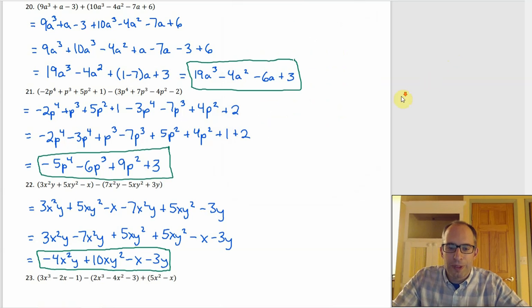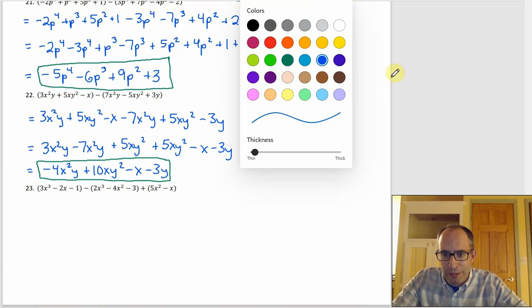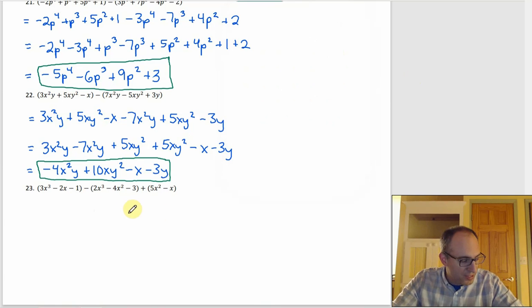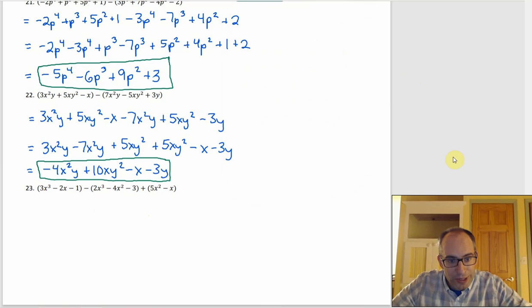All right, so this last one, it's got both adding and subtracting. So we're supposed to subtract and then add. What I would say is distribute the negative for the subtraction, and then we're just going to combine terms together willy-nilly. That's the best thing to do, I think. So this first polynomial we can just write as 3x cubed minus 2x minus 1 without the parentheses.